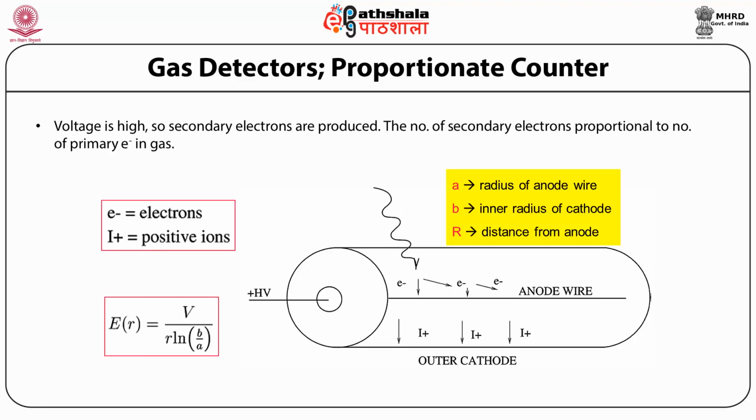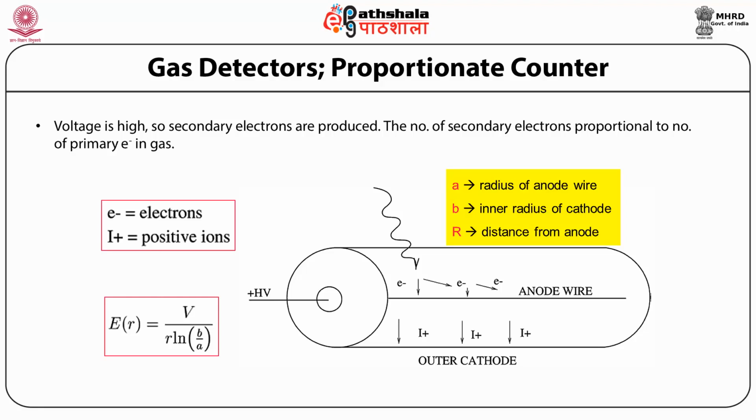Primary electrons generated by the incoming radiation get sufficient energy while moving towards the anode for collection, and in that process they collide with neutral gas molecules and produce secondary electrons.